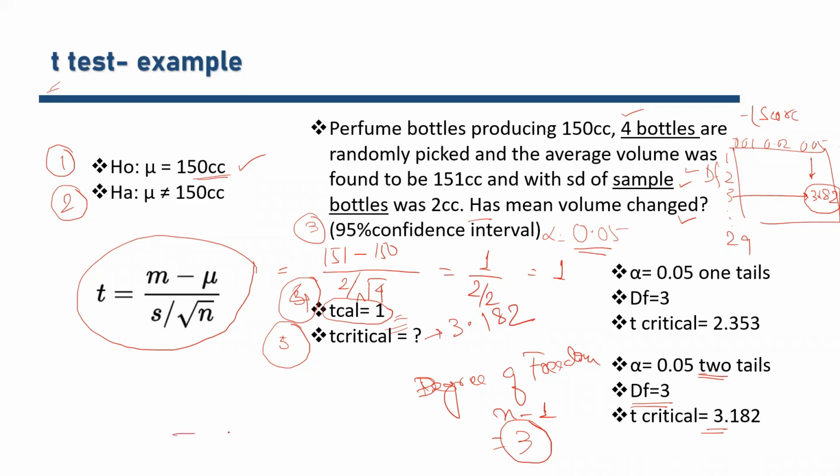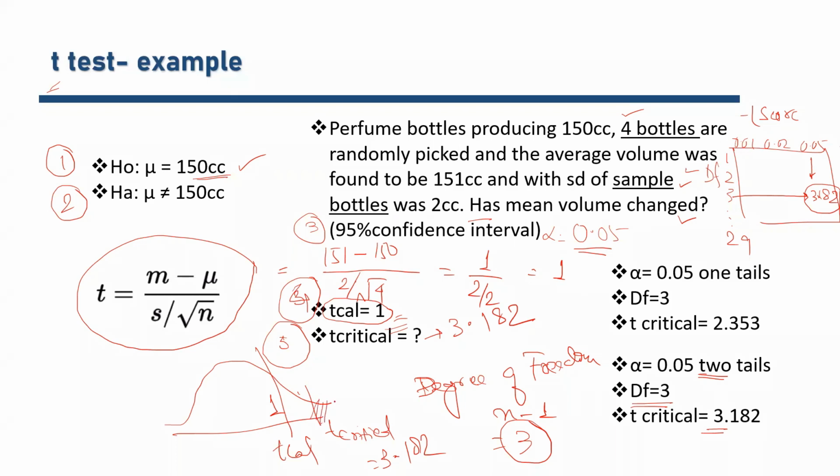Right? Again, you plot a graph, normal distribution. Your T calculated is 1, and your T critical is 3.182. Obviously, this is 1, so that's why it is on the left hand side.